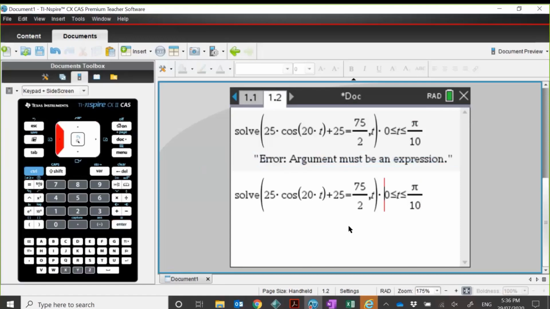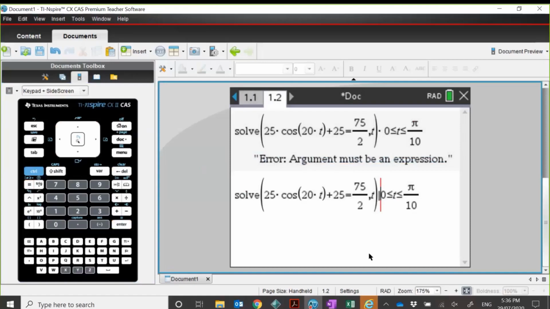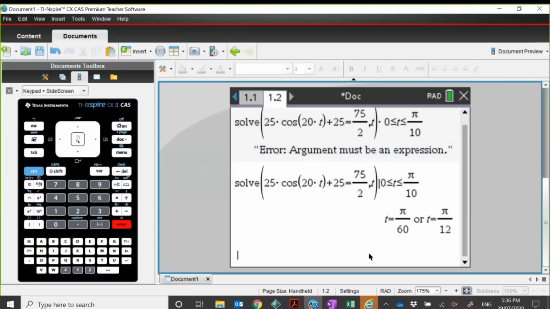I didn't put a conditional command in there. That's right. So if I backspace that, that's got to be my conditional command, given. That should be right. So solve that, given that your domain is between 0 and pi on 10. That's better. We're getting pi on 60 and pi on 12.